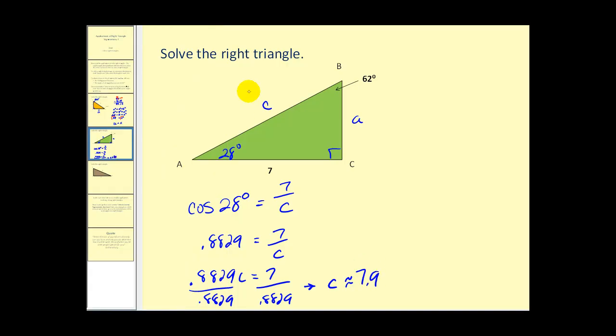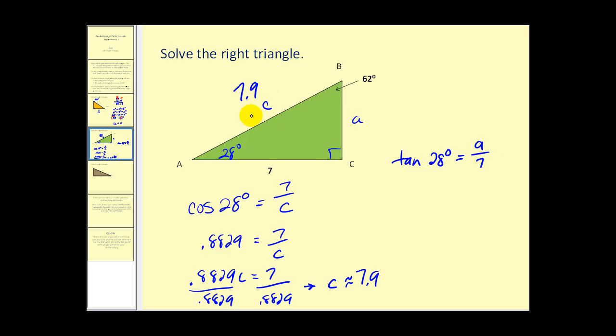Now we still need to find the length of side A, and to do this I'm going to use this angle again, but I'm going to use tangent this time. I'll say the tangent of 28 degrees equals the opposite over the adjacent side. So we would have tangent 28 degrees equals A over 7. Now one reason I didn't want to use C is because I knew this was a rounded value.